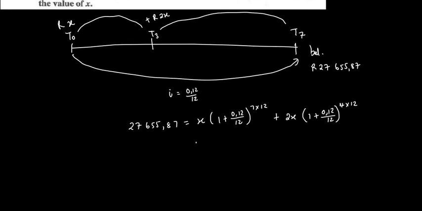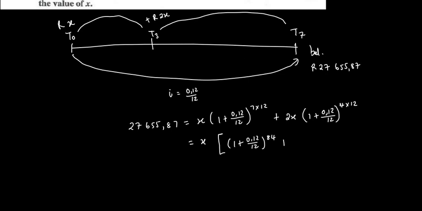So you then say, okay, now that we have this, it's a matter of solving. To make your life very easy, just take x as a common factor. Then here you're going to be left with 1 plus 0.12 divided by 12, to the power of 7 times 12, which is 84.